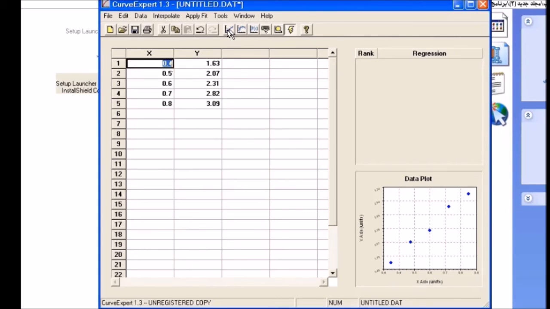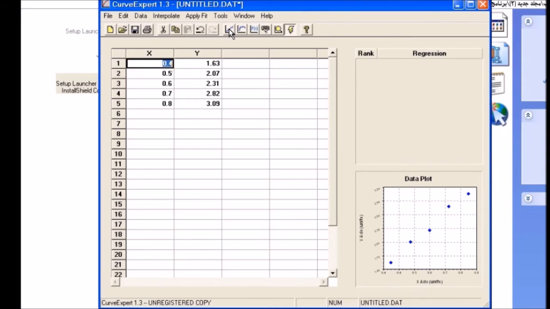Press at the chart, which means a graph of a straight line. There are many charts here.